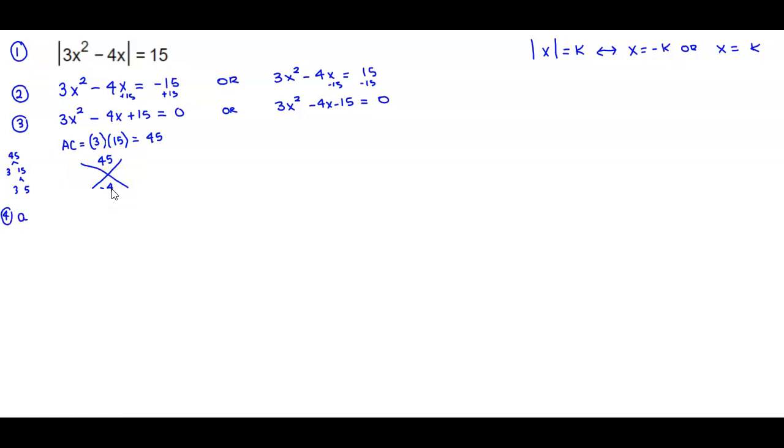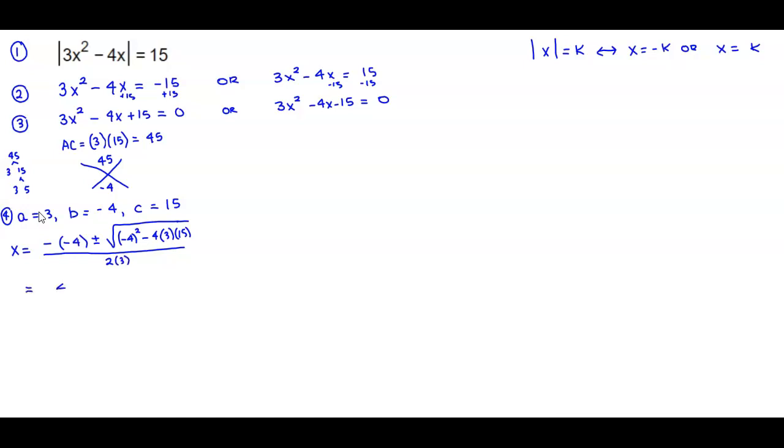So for step 4, we let A equal 3, B is equal to negative 4, and C is equal to 15. So using the quadratic formula, x is going to equal negative B, so that's negative times negative 4, plus or minus the square root of B squared, which is negative 4 squared, minus 4 times A times C, which is 15, and then we're going to divide that by 2 times A, which is 3.